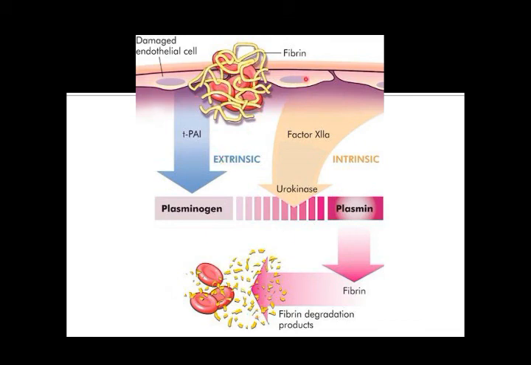But as the tissue damage starts repairing and healing up, the factors favoring clot formation decrease, and that allows for more of the plasmin to have an influence to dissolve that clot away.